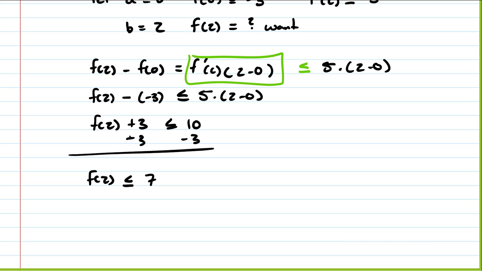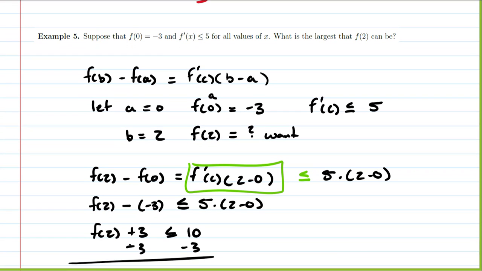Well, what is this saying in terms of physical reality? Think of this as where we start, and this is our speed or our velocity. So if I start at the point negative 3, and the fastest I can go is 5 units per second, how far can I go, where will I be in 2 seconds?